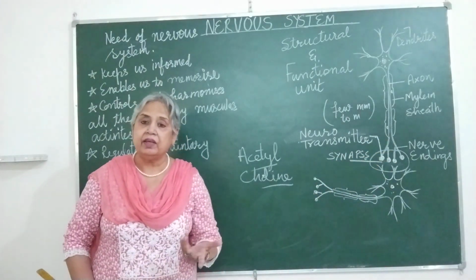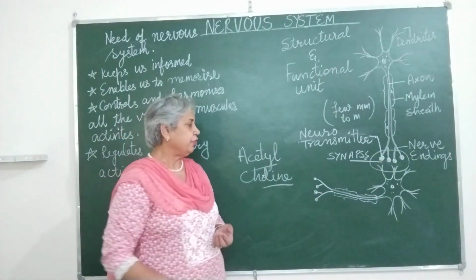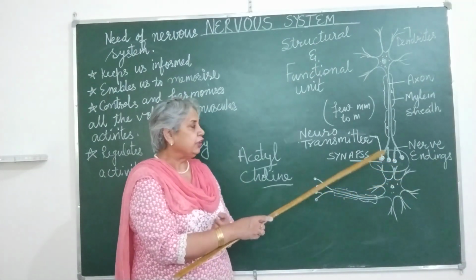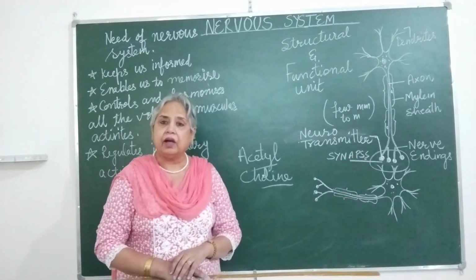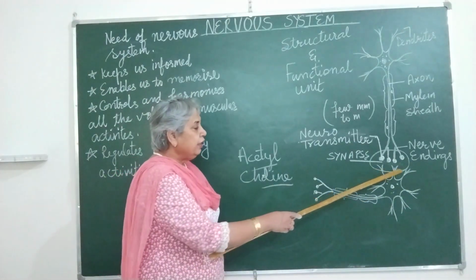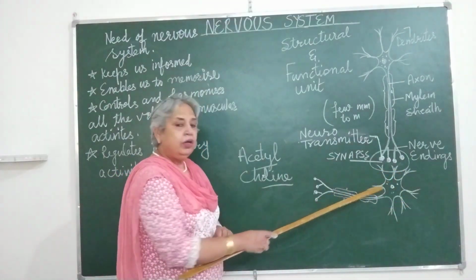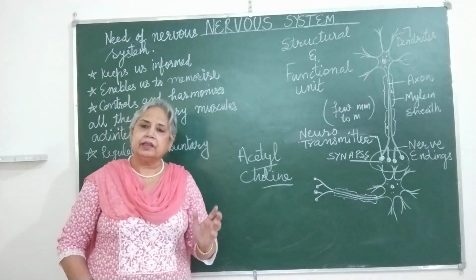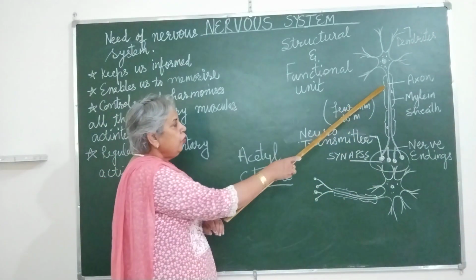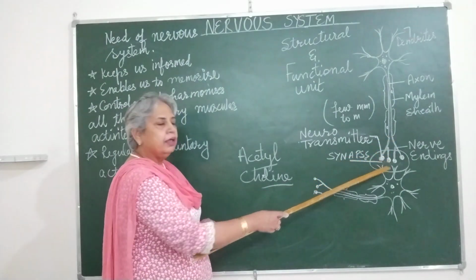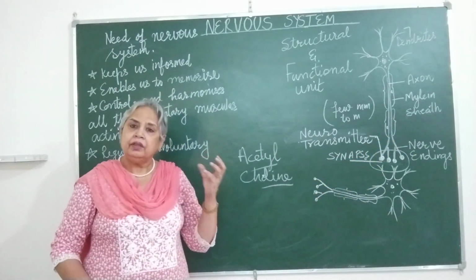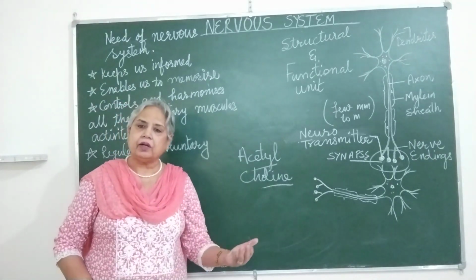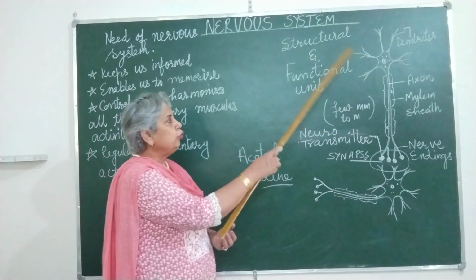Now what happens here in the synaptic cleft? The bulbs, they release chemical which is neurotransmitter acetylcholine, which tells this neuron to get ready to receive the electrical impulse. So electrochemical impulse.